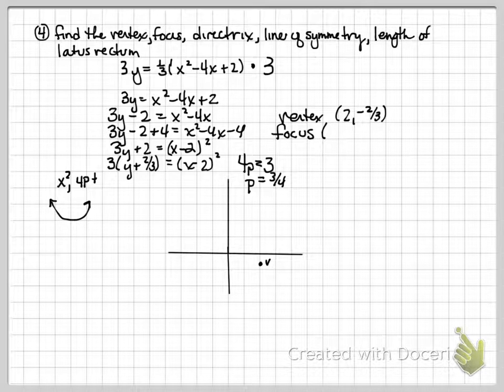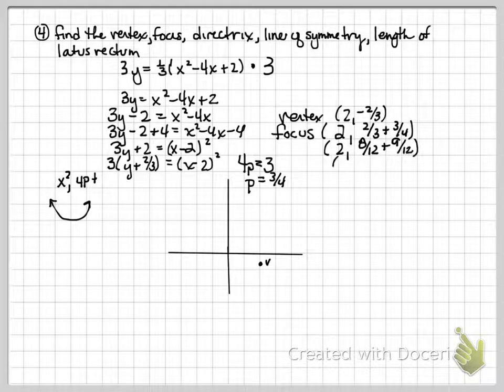Now since I'm going vertical, I'm going up and down, my x isn't going to change, it's the y value that changes. So it's going to be 2 comma 2/3 plus 3/4. And that's going to be 2 comma, denominator is going to be 12, so that's going to become 8/12 plus 9/12, and that's 2 comma 17/12.